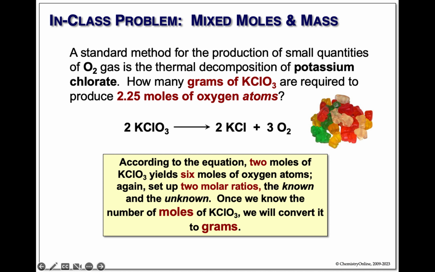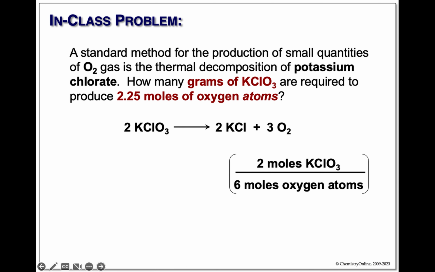Once we know the answer, we suddenly realize that we want this in terms of mass. So what we'll do is we're going to solve this for moles first, and then convert moles into mass. We can do that. 2 KClO3, 6 oxygen atoms.